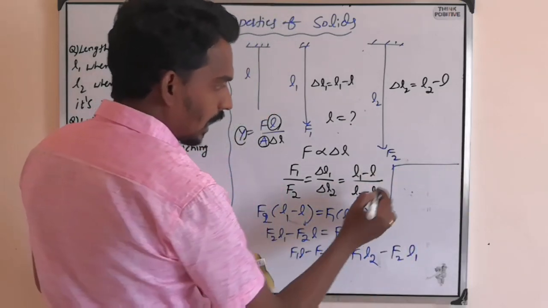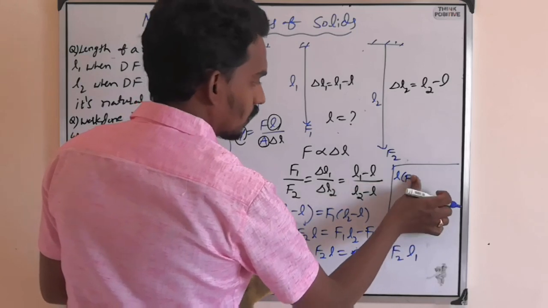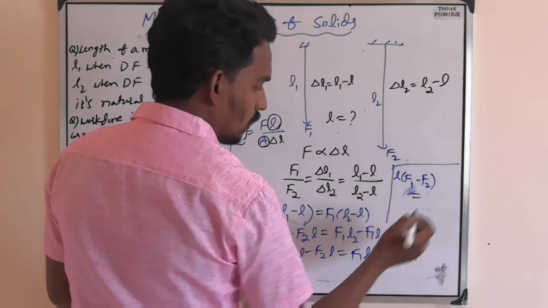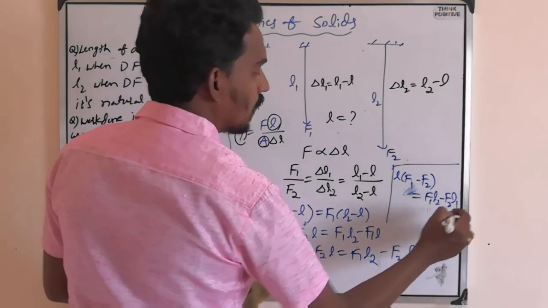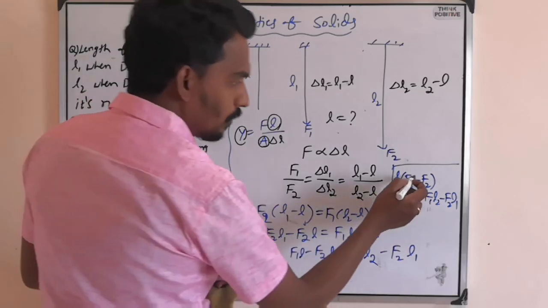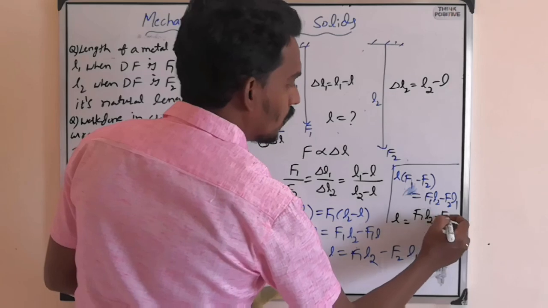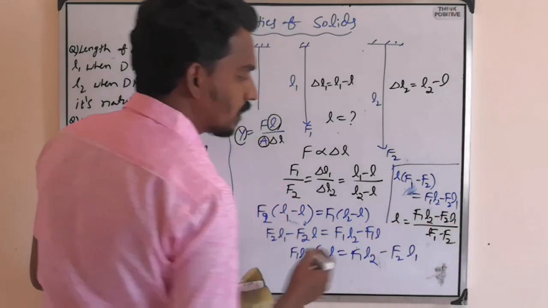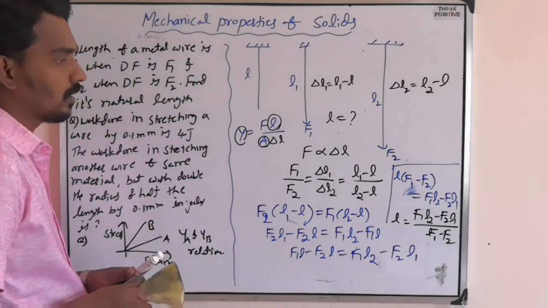Then if you take L common, L times (F1 minus F2) equals F1L2 minus F2L1. Then bringing this to the other side, L equals (F1L2 minus F2L1) by (F1 minus F2). This is the natural length.